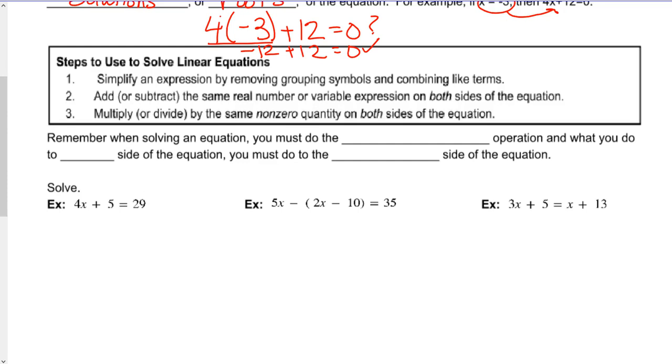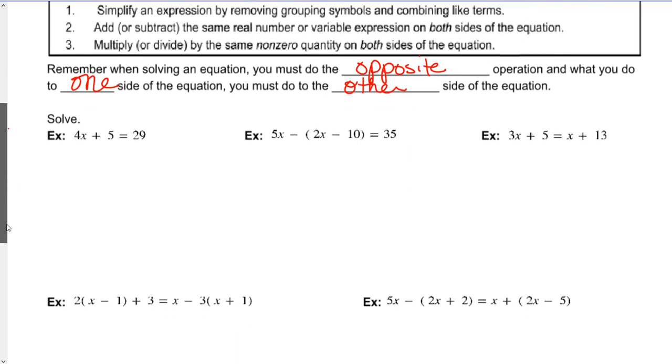Then we multiply or divide by the same non-zero quantity on both sides. One thing to remember when solving an equation: you must do the opposite operation, and what you do to one side of the equation, you must do to the other side to keep it balanced. That equals sign means things have to be balanced.